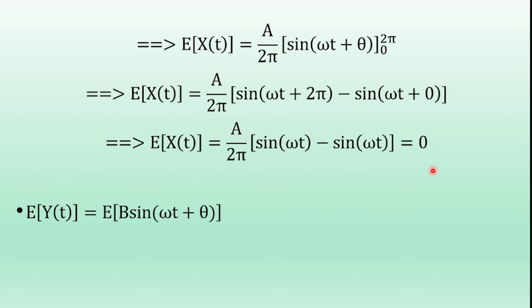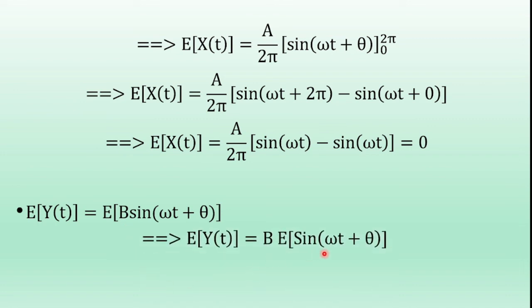Next, similarly calculate the expectation of y of t, given that y of t is b sine of omega t plus theta. Here theta is the random variable and b is the constant. So b is written before the expectation, which is b into the expectation of sine of omega t plus theta.